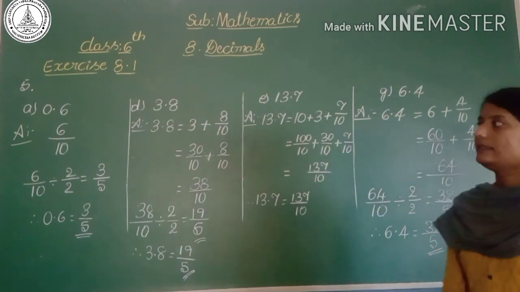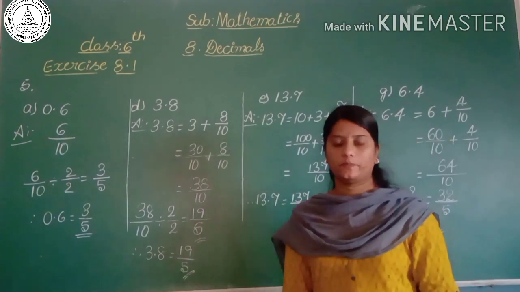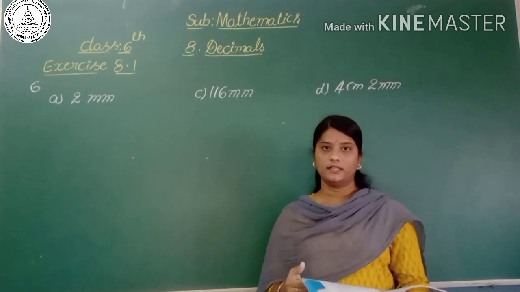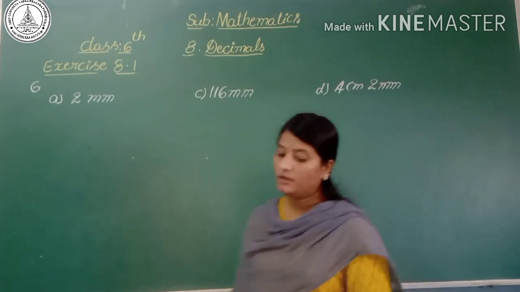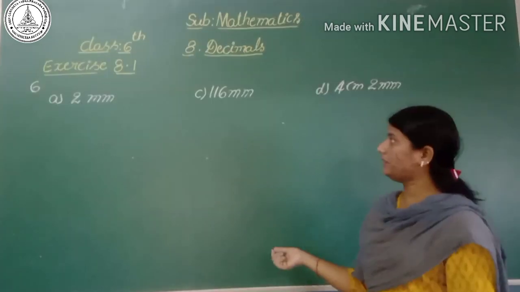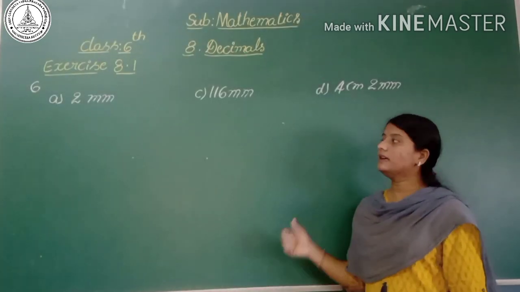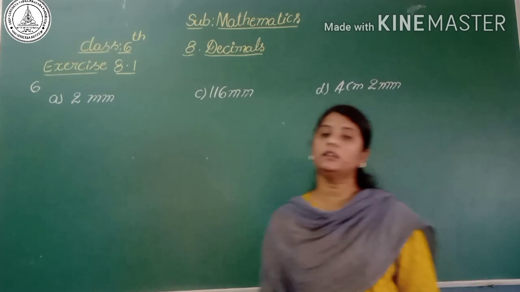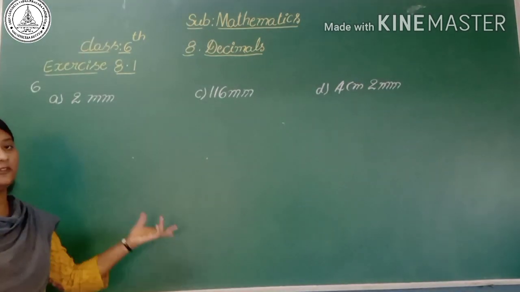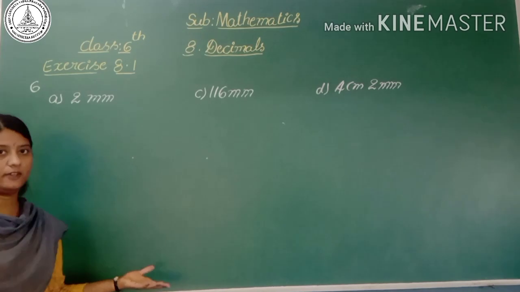Then let's go to the sixth question. Express the following as centimeters using decimals. Here they are given some numbers in millimeters, so we have to express them in centimeters and write them in decimal form. They have given 5 questions, and I have taken 3 different questions.